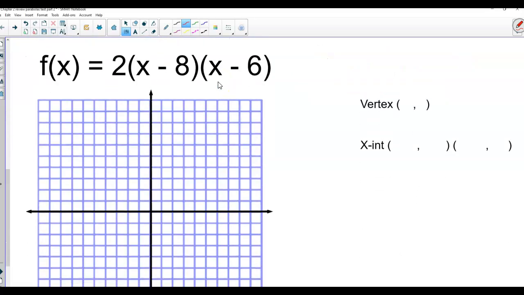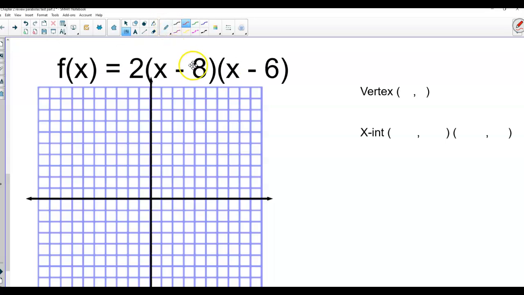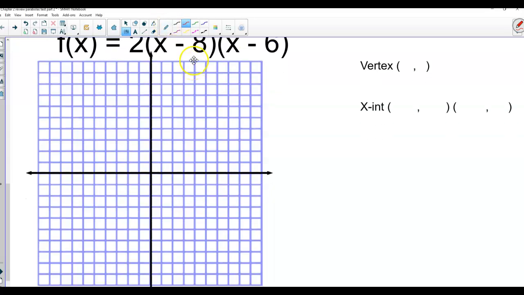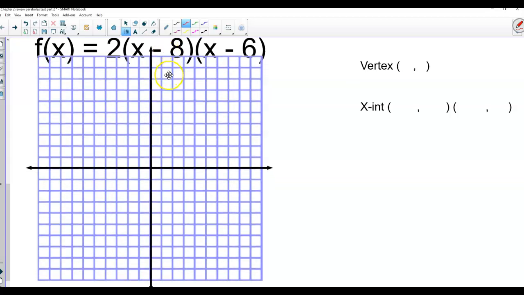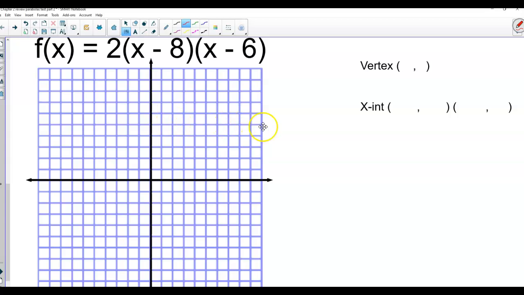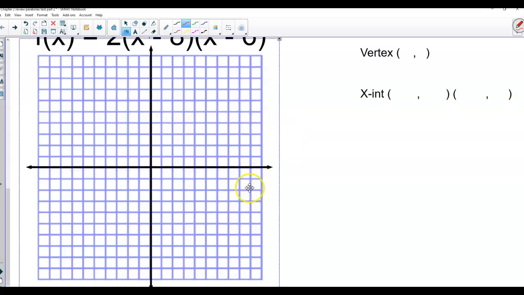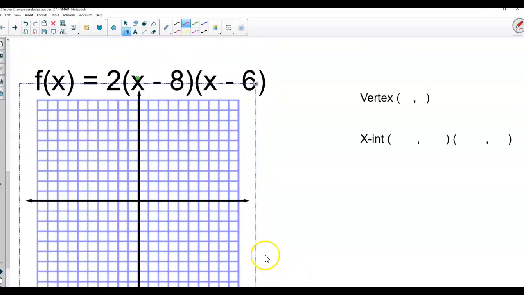Second one. Make this graph just slightly smaller so we can all fit it in.